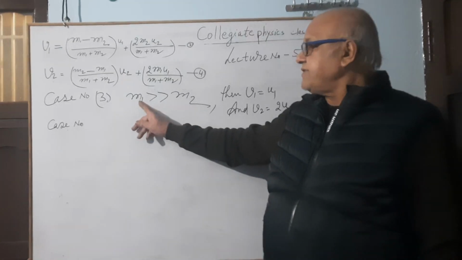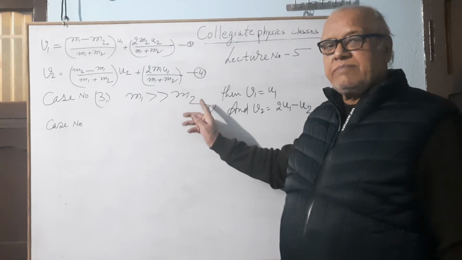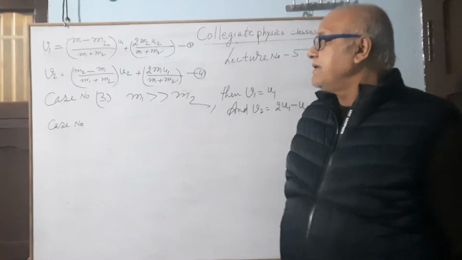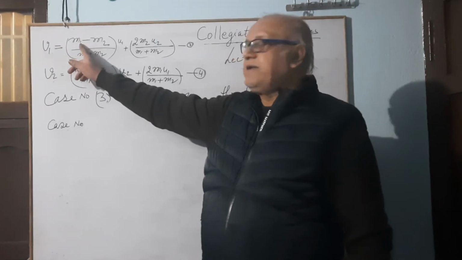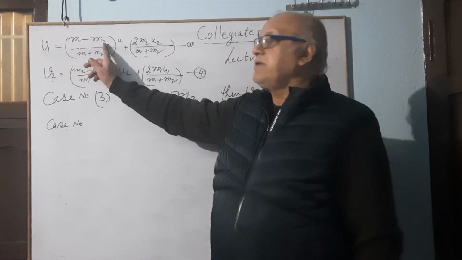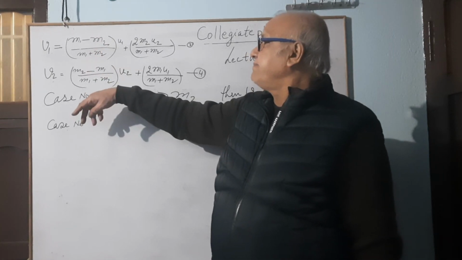The mass of the first body is very large and the mass of the second body is very small. So m2 will be neglected.